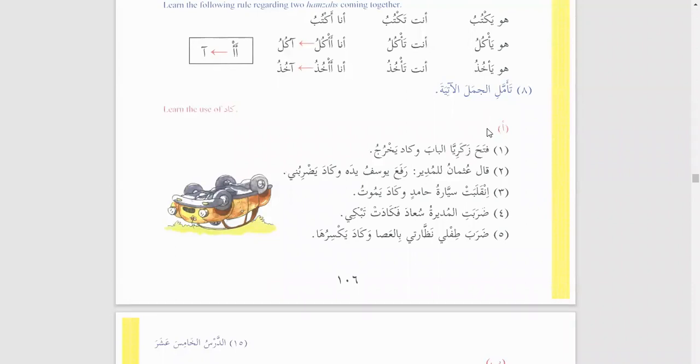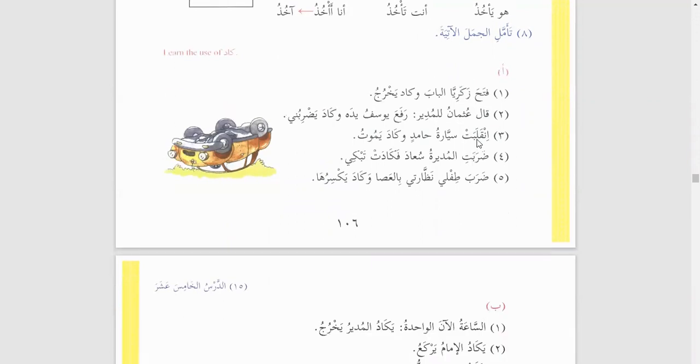Okay, so who is going to read sentence number 1? فتح زكريا الباب وكاد يخرج. Zakaria opened the door and he almost left. We need to be careful.